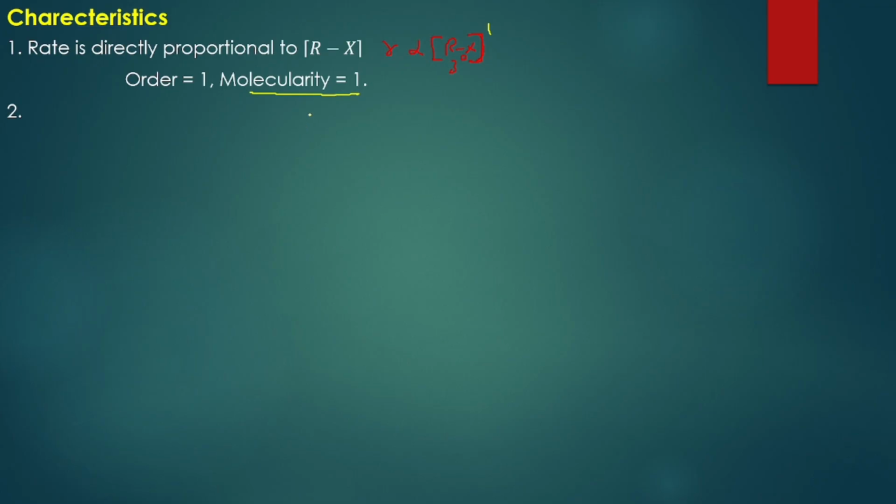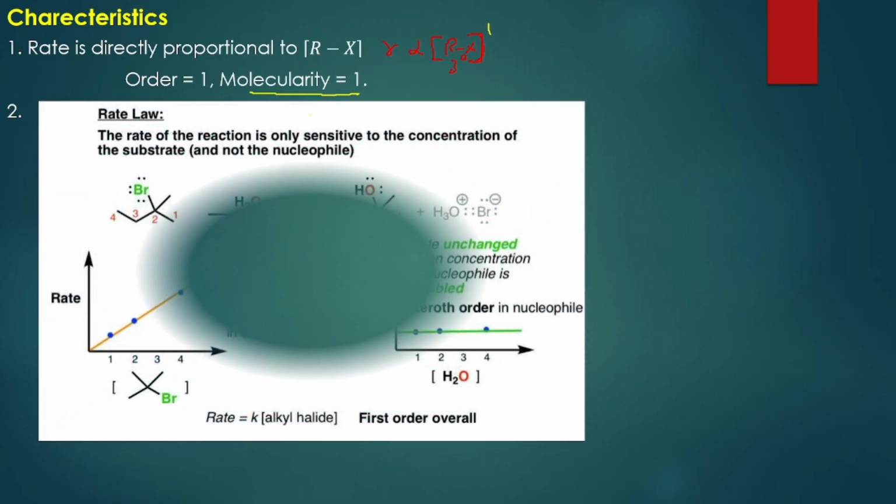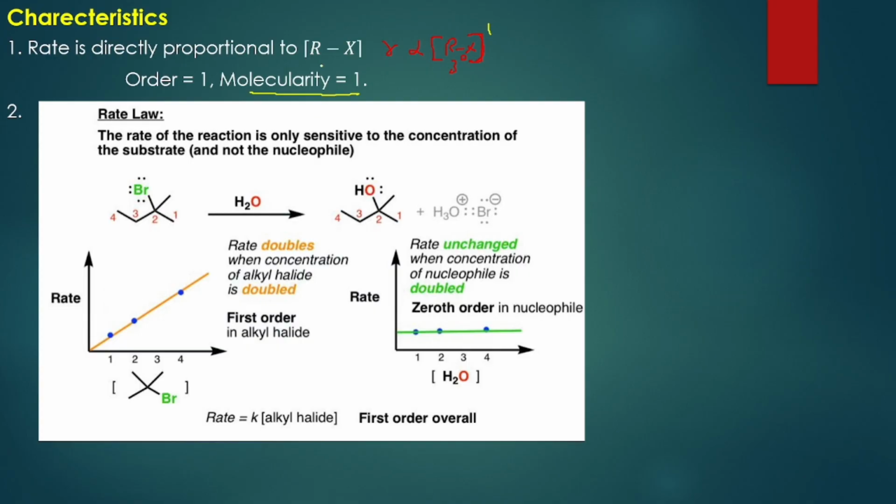Next. Characteristic number 2. Rate law. The rate of reaction is only sensitive to the concentration of substrate. The same point again. See the graph between rate and concentration of reactant, it is directly proportional, so the graph is coming in this manner.